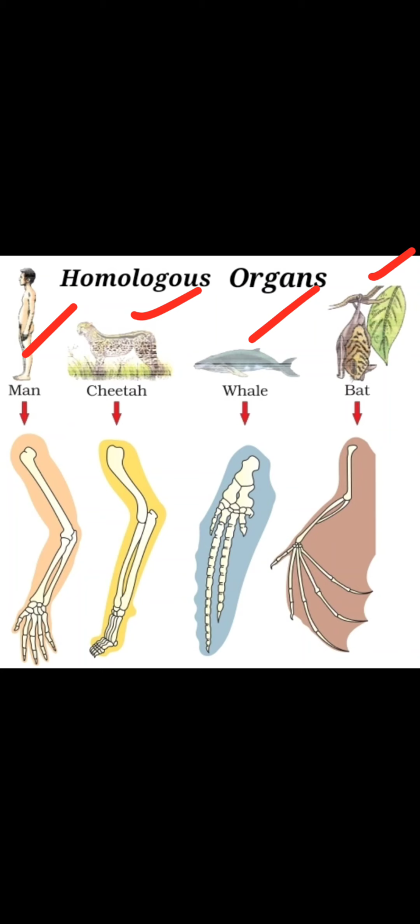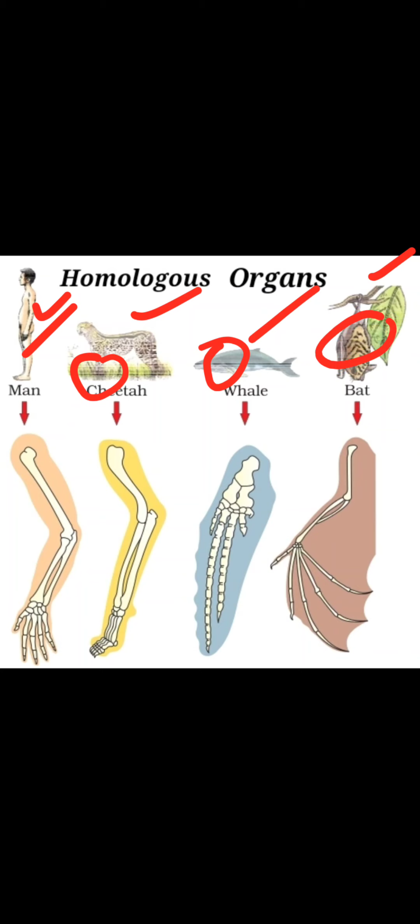So they all are mammals, and their organs, like you say that human being forelimbs, यानी आपके बाजू, your hands, cheetah की these two forelimbs, इसी तरह whale के यहाँ पे जो flippers for floating purposes, और यहाँ पे bat wings for flying purposes.